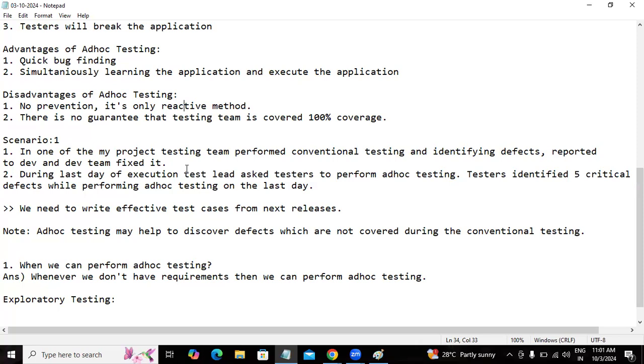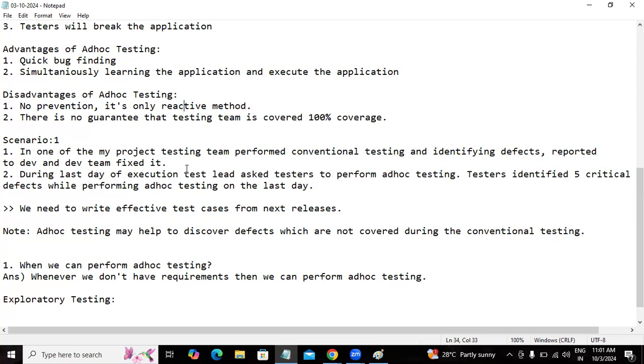Exploratory testing is a time consuming process, so there are some drawbacks. It will take some time because you need to simultaneously learn the application and explore it. You need to prepare the document, and again execute that document. So it is a time taking process.